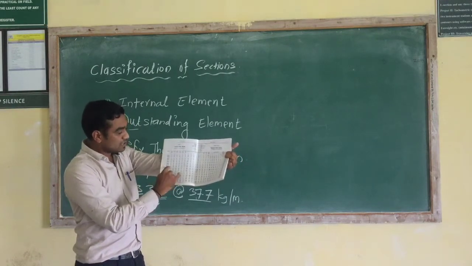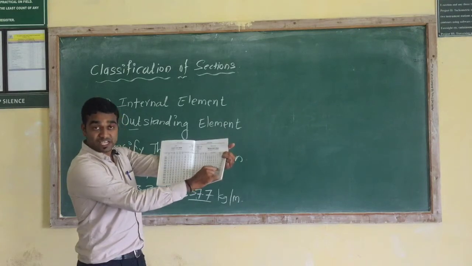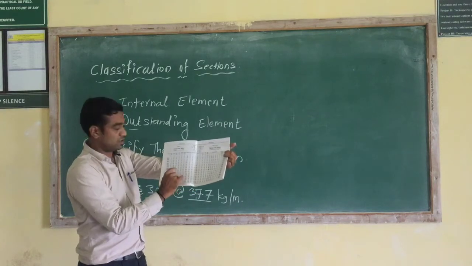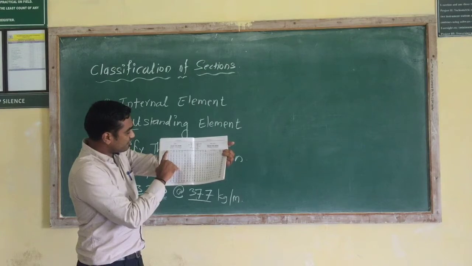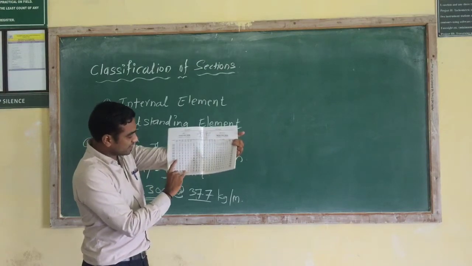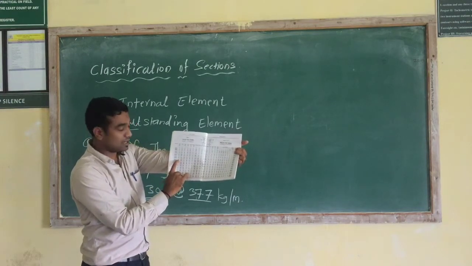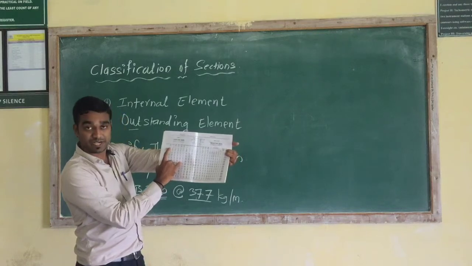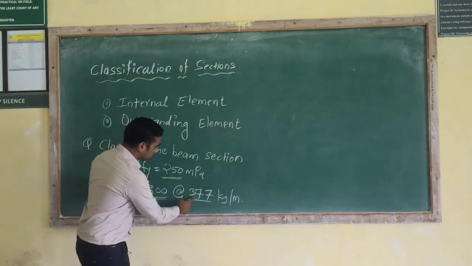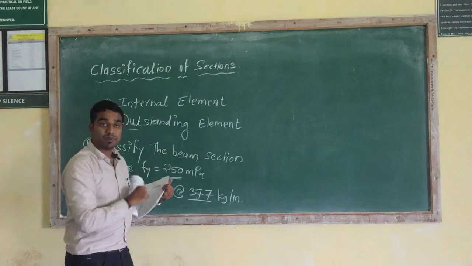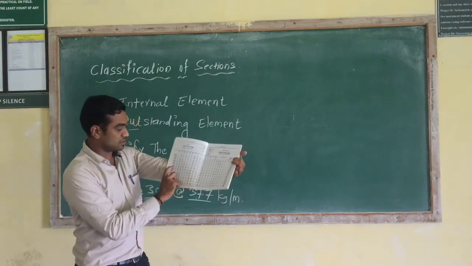Now the properties of that section are given in this steel table. Next is the weight per meter, and here the weight is given as 37.7 and its unit is kg per meter. Our section is 37.7 kg per meter, so I will get this section.